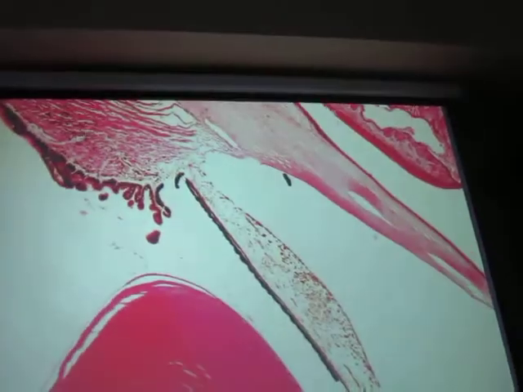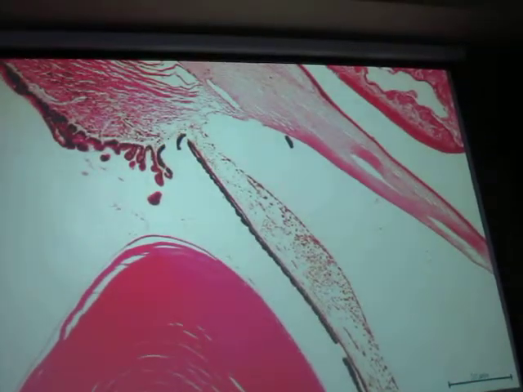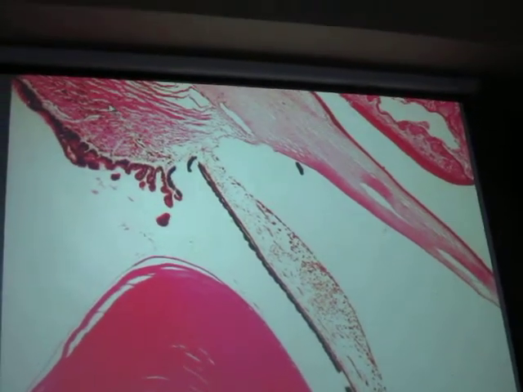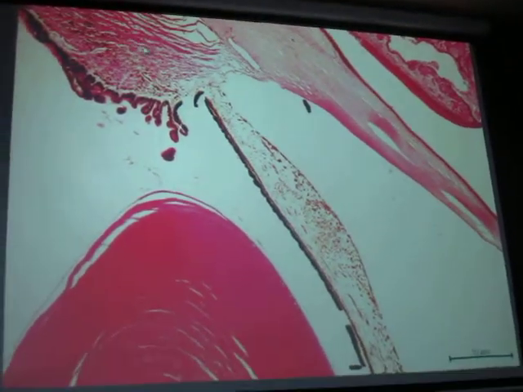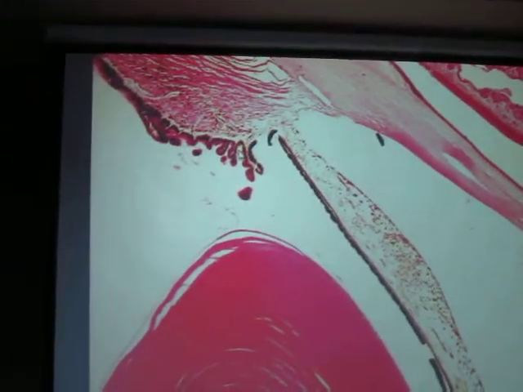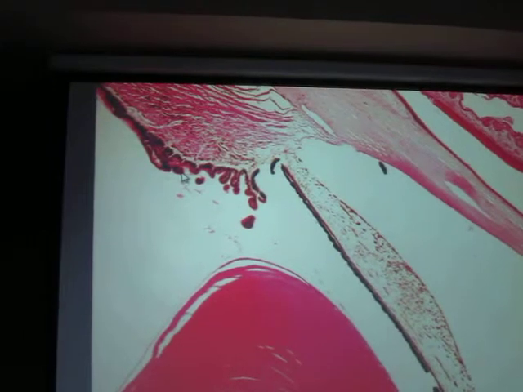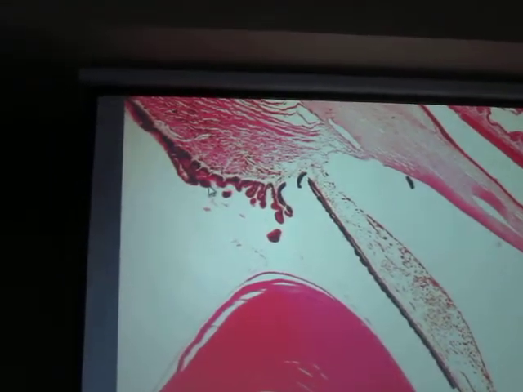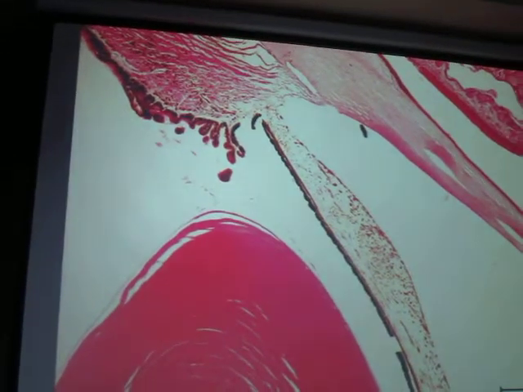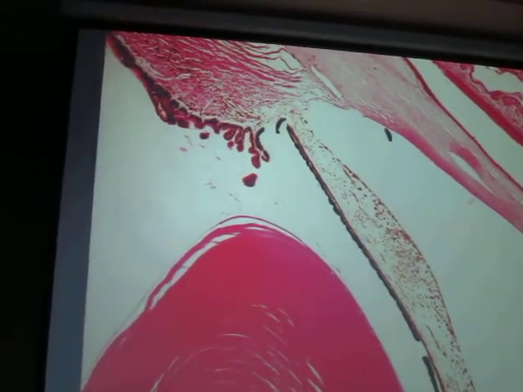And this is your ciliary body, composed of the ciliary muscle and the ciliary processes. What's the function of the ciliary processes? They produce the aqueous humor.